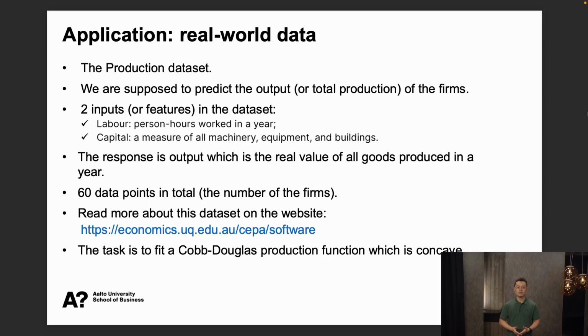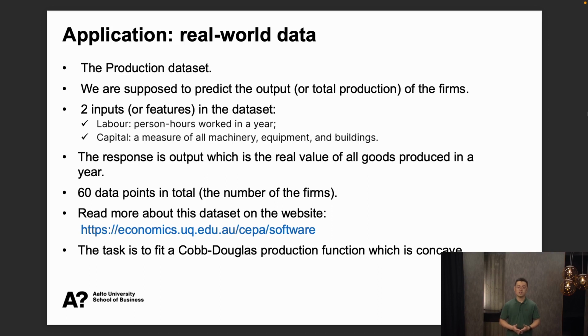The first input is labor, which represents the person hours worked in a year. The second one is capital. This is the measure of all machinery, equipment, and buildings. The response is output, which is the real value of all goods produced in a year.